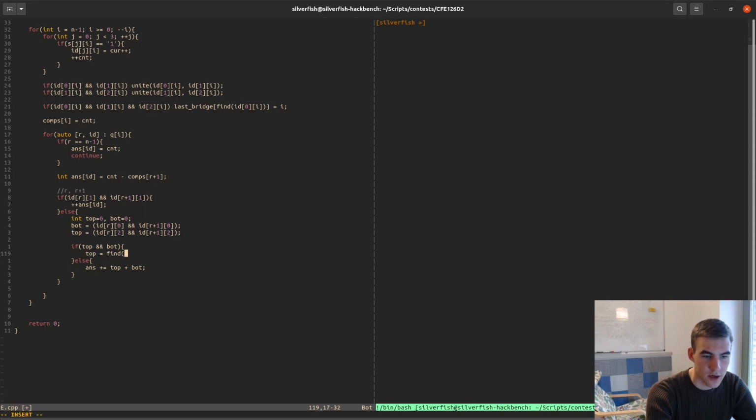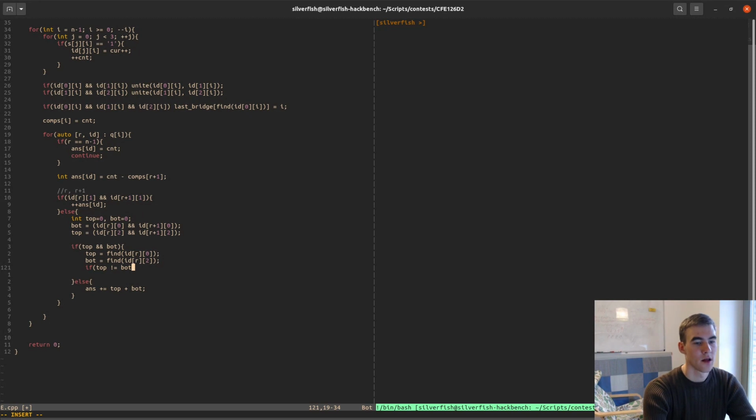Top equals find id r0 equals find id r2. If top equals bottom, if it does not equal bottom, then there are two crossings.